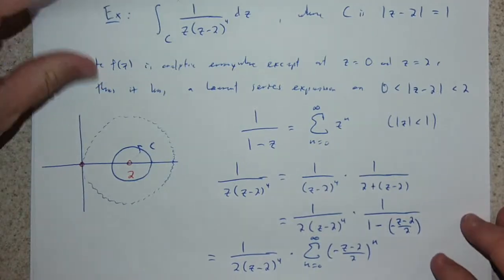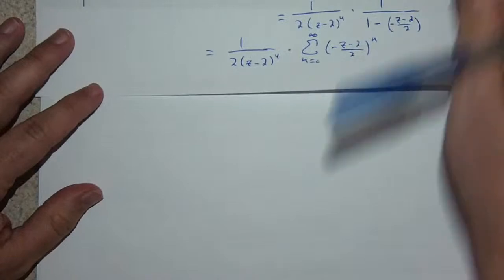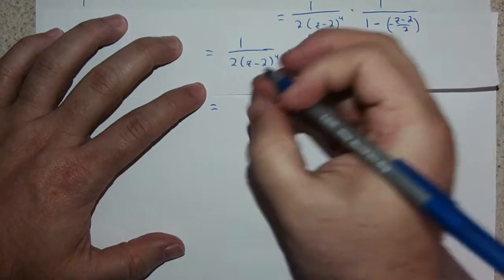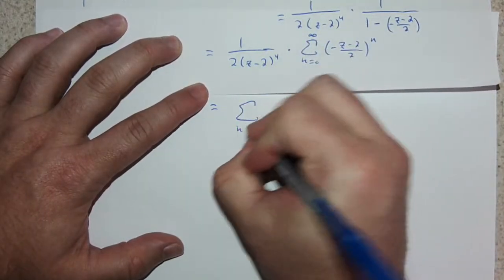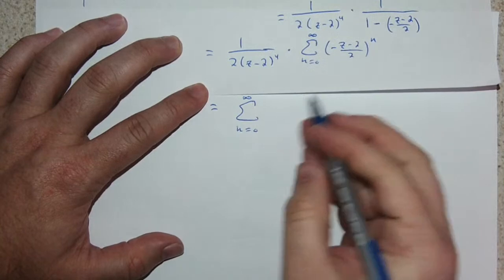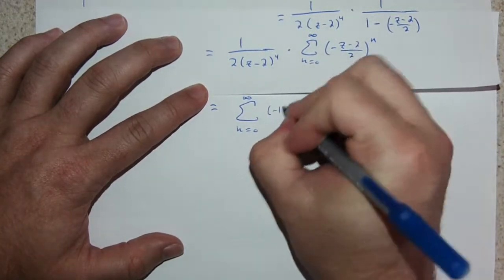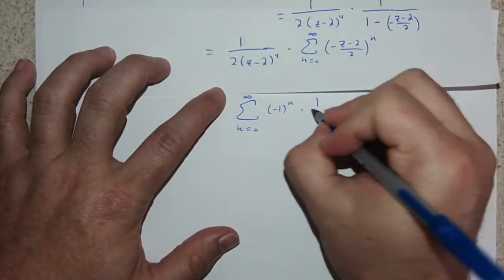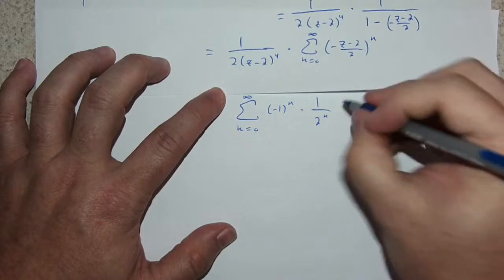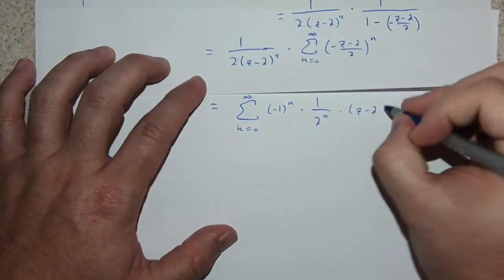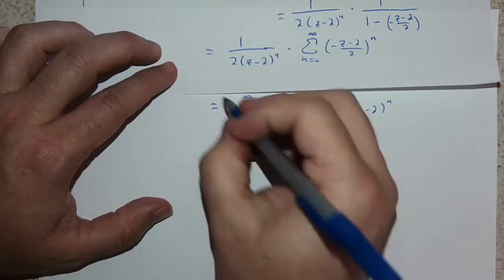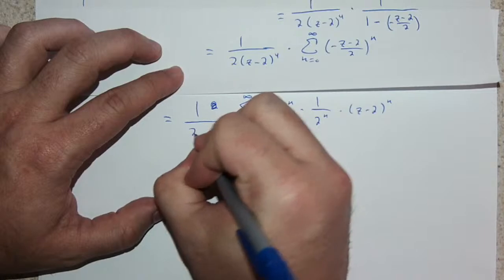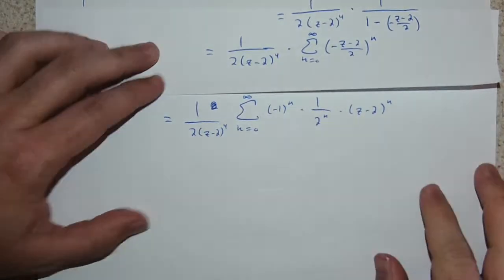So this is equal to the sum from n equals 0 to infinity of (minus 1) to the n times 1 over 2 to the n times (z minus 2) to the n, all multiplied by 1 over 2 times (z minus 2) to the fourth.